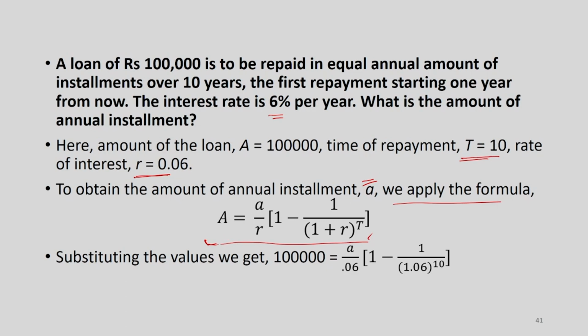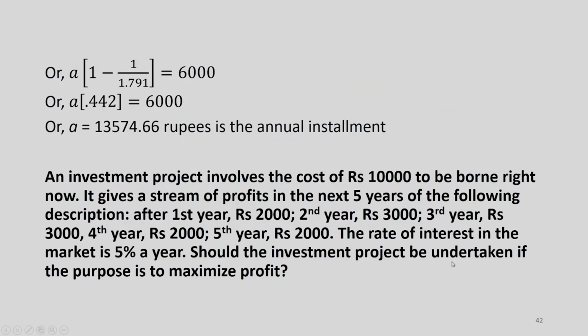Now I have to just substitute these values of capital A, r, and capital T, which we know. What we don't know is small a, the annual installment that we have to solve. So I have substituted all these values in this formula, and in the next stage it becomes a little bit simpler.